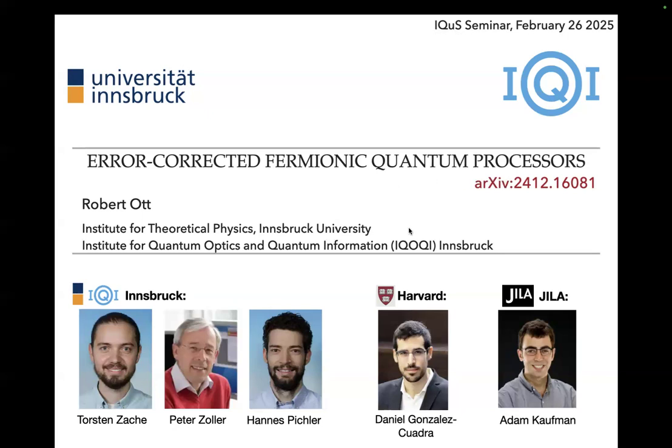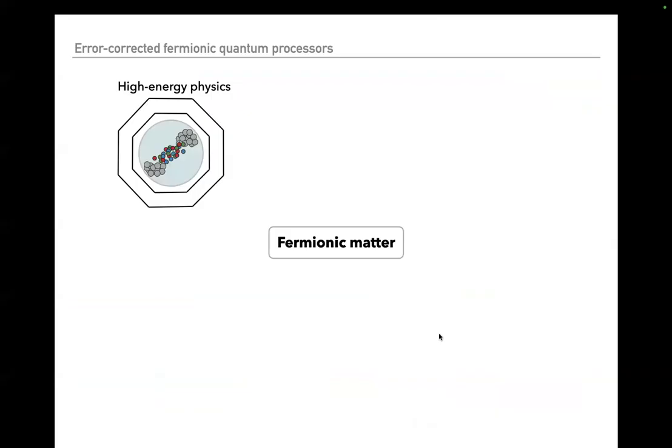So with that, let me jump in and tell you something about fermionic matter that you probably all know pretty well, namely that it's ubiquitous in physics. First of all, there's high energy physics, where fermionic matter is fundamentally there in the Standard Model Lagrangian.